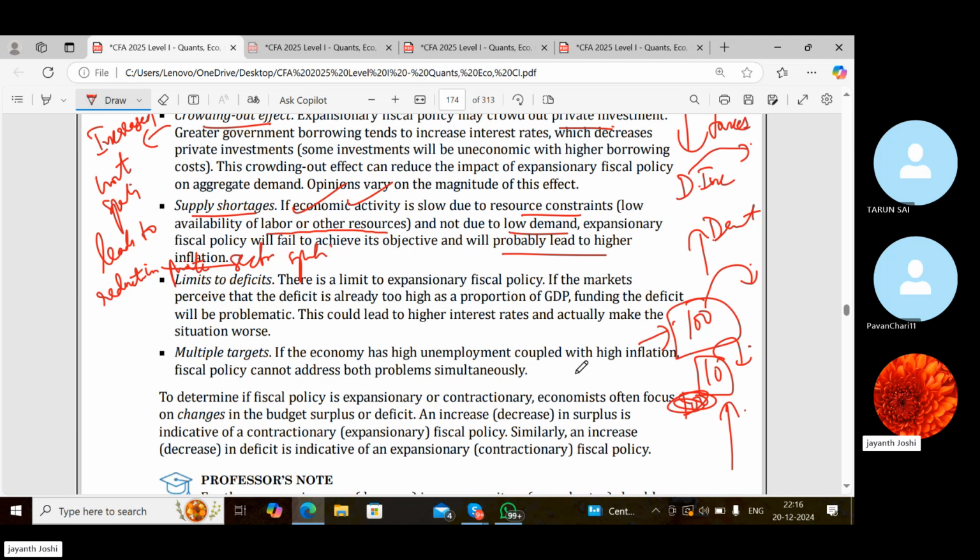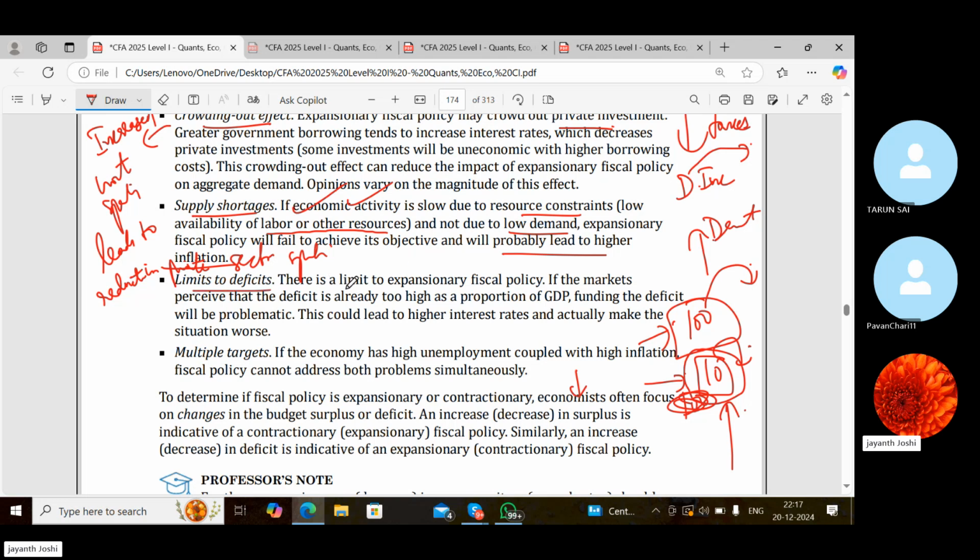And if taxes are reduced during that time, people have more disposable income, but there is a very small number of units available for them to purchase. So what is the use of reducing the taxes or going for expansionary policy when there is a supply shortage? If there is high availability of goods, it looks good because people can buy more. But if goods are very few and people have more money, it is of no use.